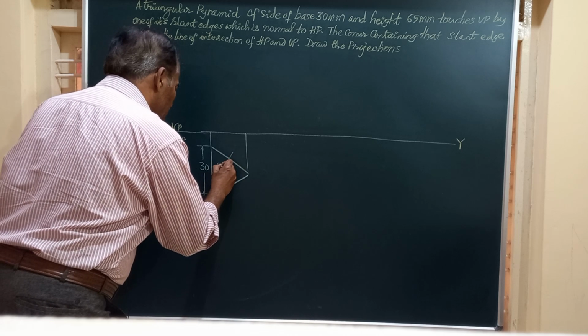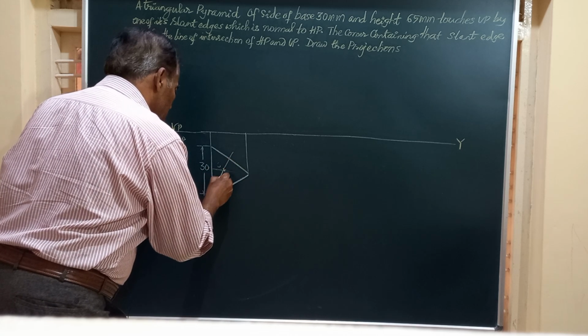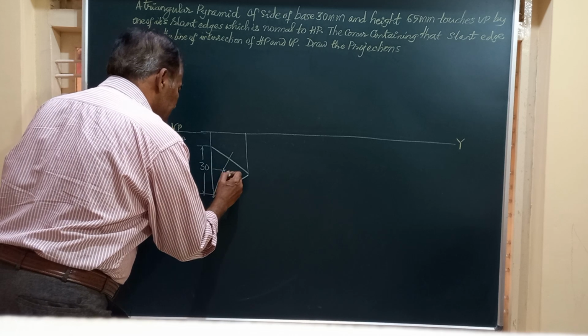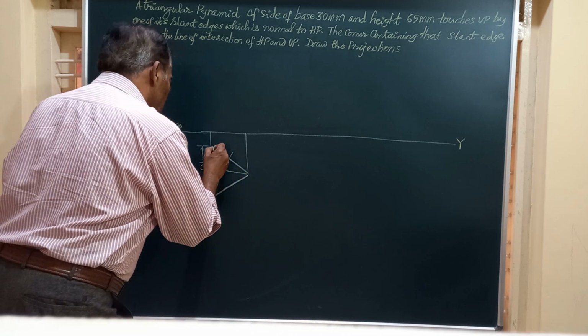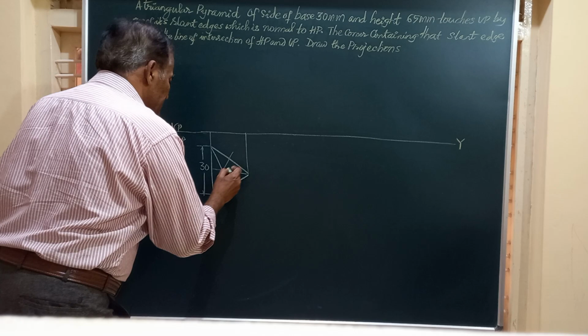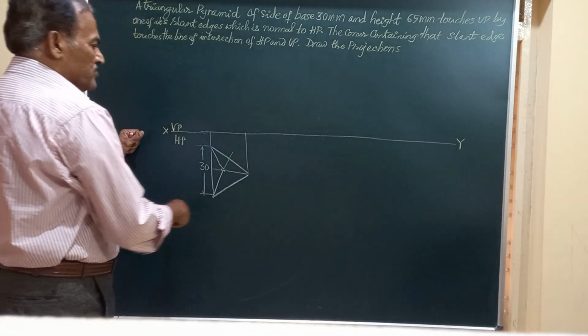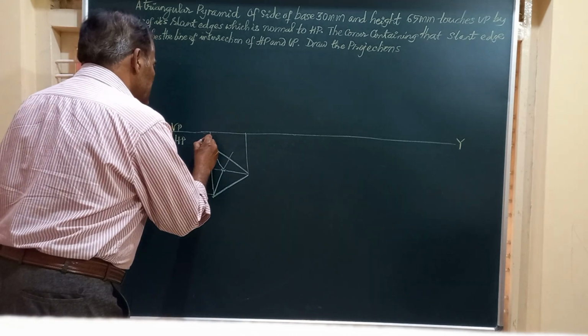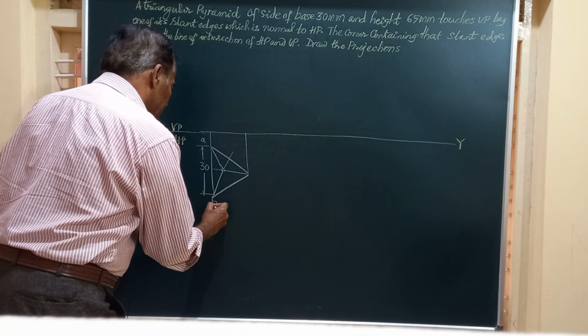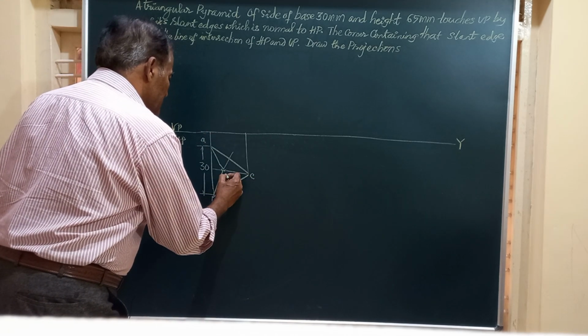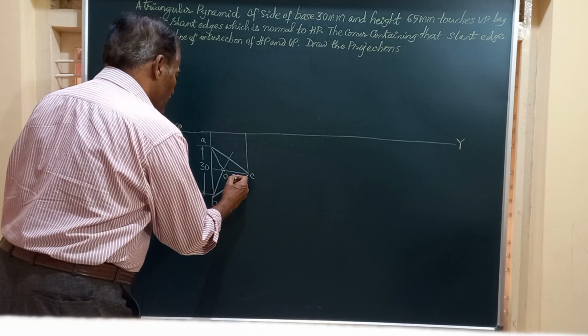So that is O, O1. O is the vertex and O1 is the center of the base. So we have got this top view, and we'll name this as ABC. The corners are A, B and C. This is O, O1.